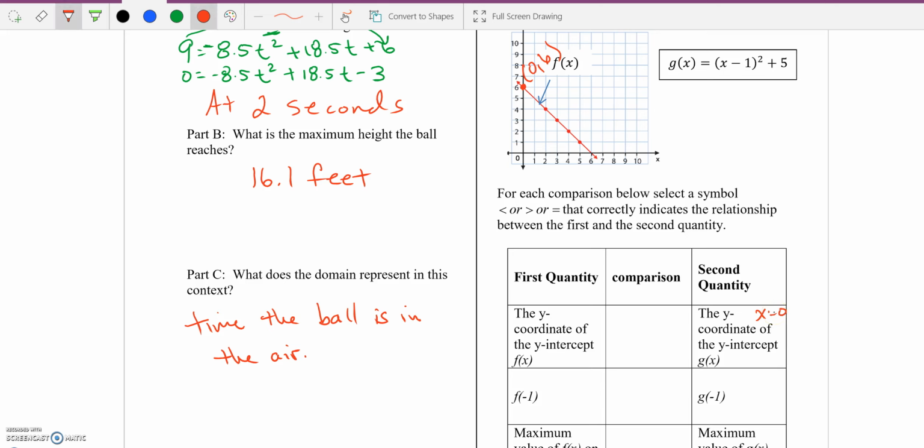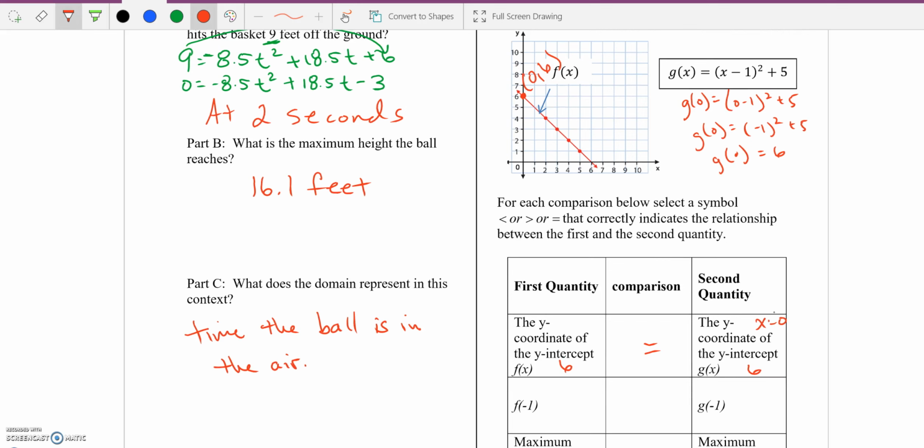So if I go over here, I can plug in 0 for x. So I have 0 minus 1 squared plus 5. So g of 0 is equal to negative 1 squared plus 5. Negative 1 squared is 1. 1 plus 5 is 6. So this one is 6. This one is also 6. Those are equal to each other.